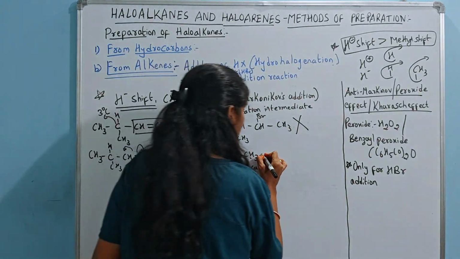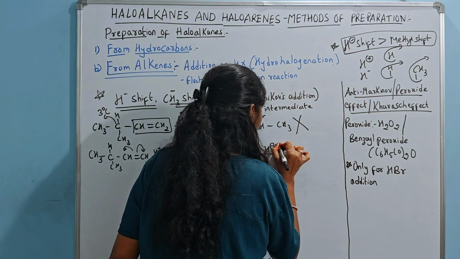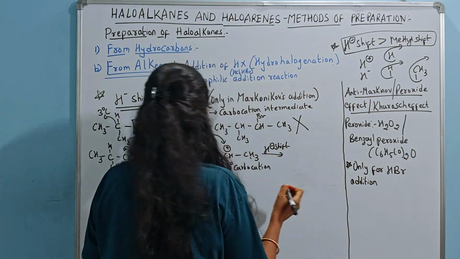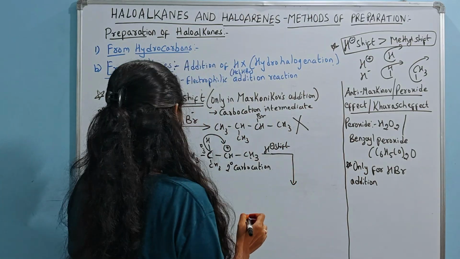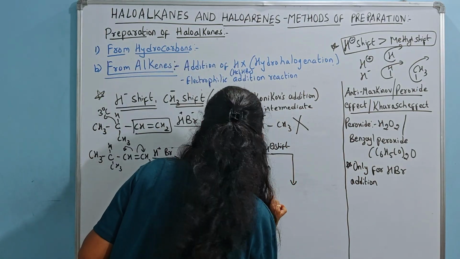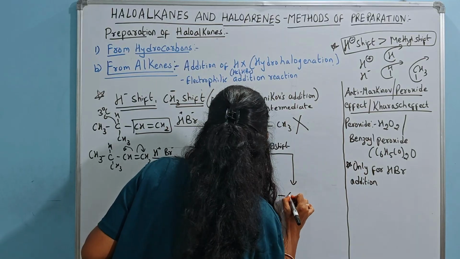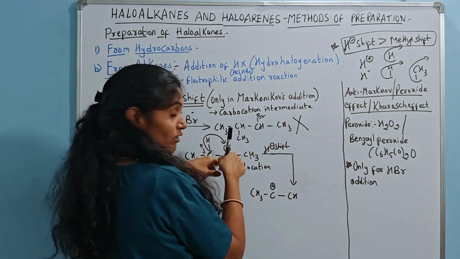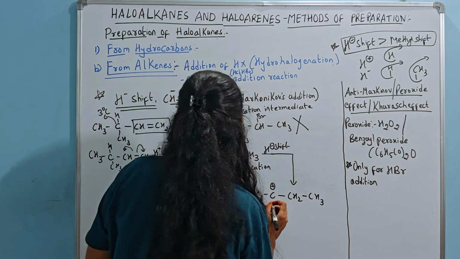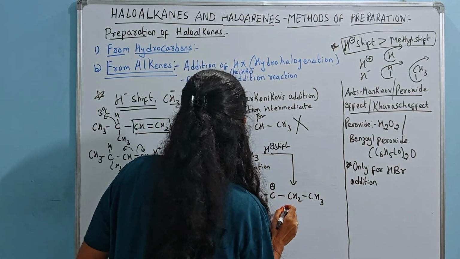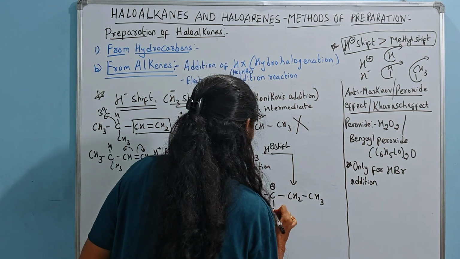Now when I do the hydride shift here, what will I get? Let me write it like this. After doing hydride shift, what is the product I get here? CH3, C positive charge, because hydride has been transferred here, this will become CH2, CH3. I did hydride transfer, so my methyl will still be there.